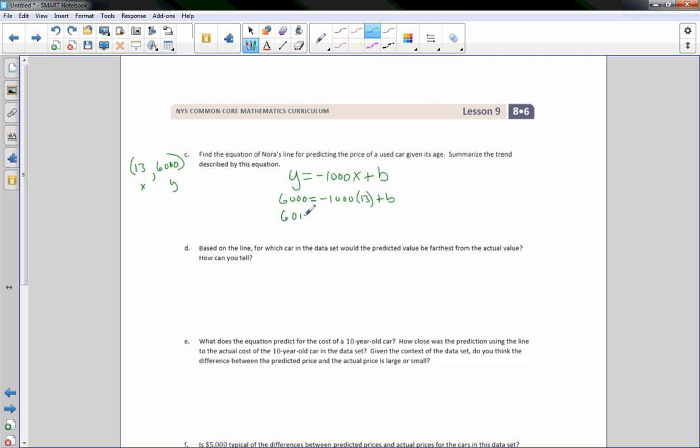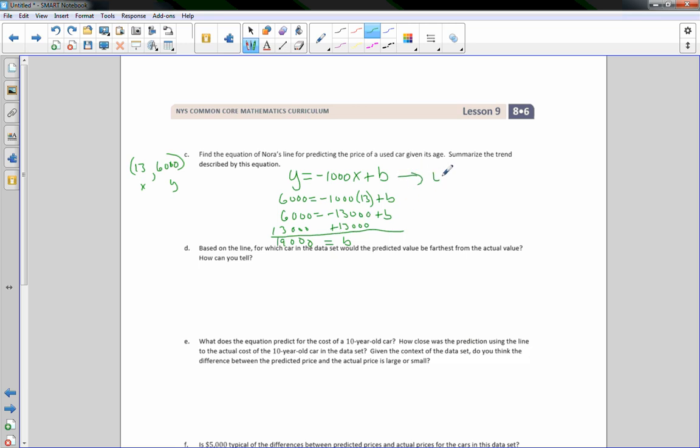So when I simplify, negative 1,000 times 13 is negative 13,000. If I add 13,000 to both sides, I find b. So these cancel because they're opposites, leaving b by itself. 6,000 plus 13,000 is 19,000. So b is 19,000.